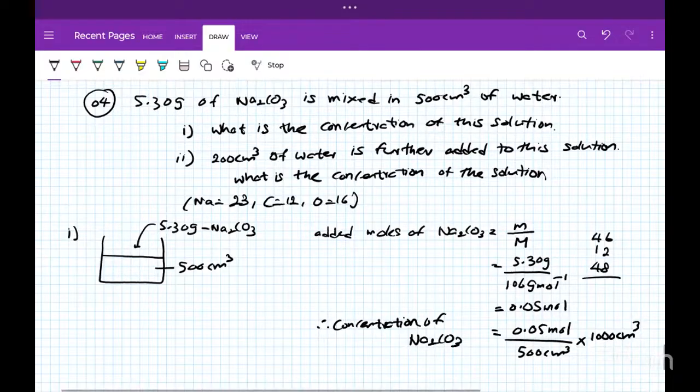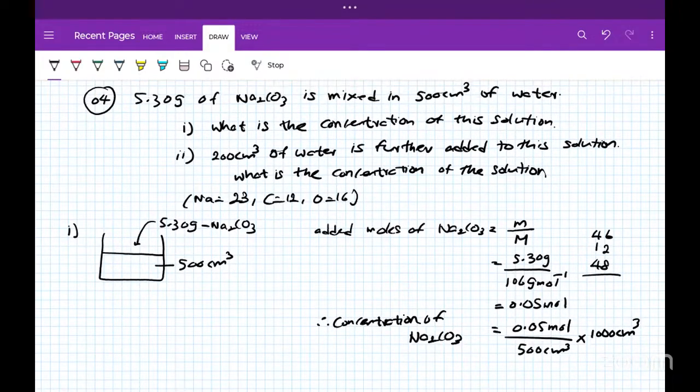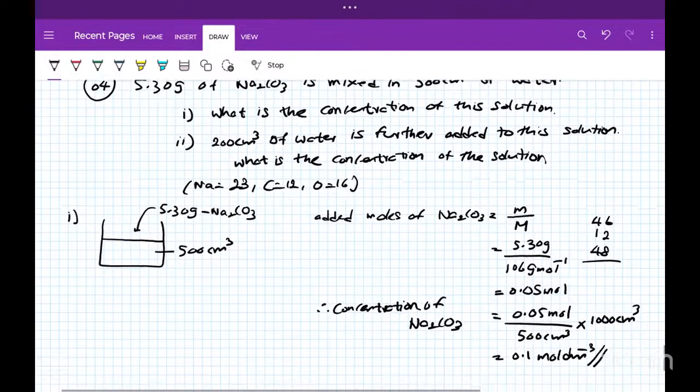Concentration means how many moles will be there within 1 cubic decimeter. So this number of moles has been dissolved in 500 cubic centimeters, and 1 cubic decimeter means 1000 cubic centimeters. So this is 0.1 moles per cubic decimeter. So this is the concentration when this is dissolved in 500 cubic centimeters.